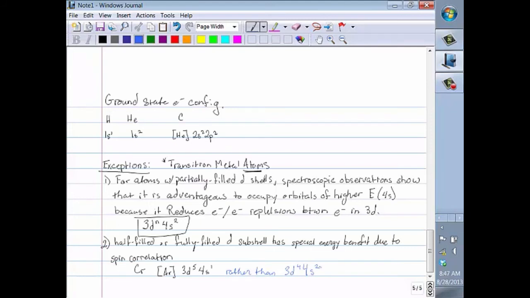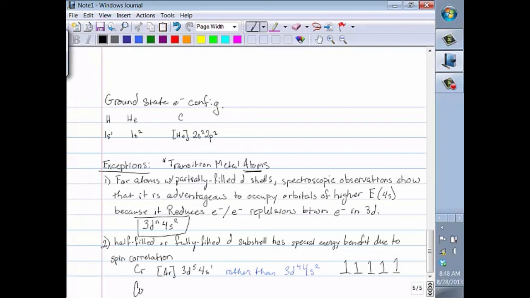Okay. So there are 5 orbitals in the d shell, and when you have 1 electron in each of those orbitals, so I'm going to write my 5 d orbitals here, when you have that shell half full, so that all the spins are pointing in the same direction, there's an energy benefit to that. And so you will take one of the electrons out of the s orbital in order to half fill that d shell.